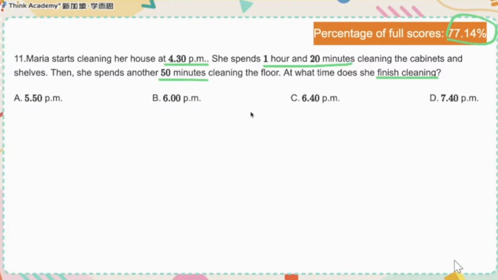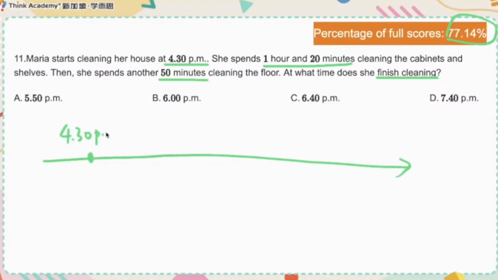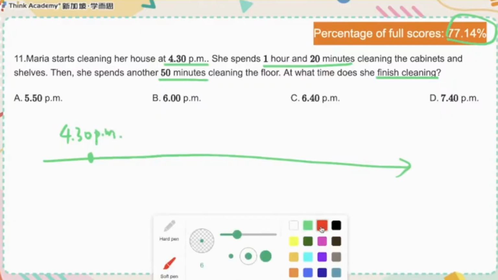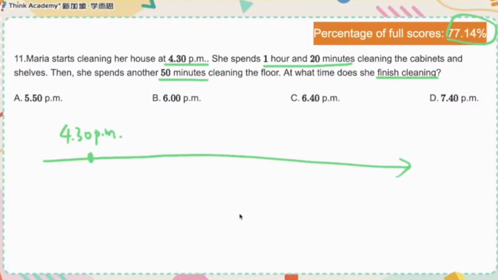Okay, so this time we can see here we got a time problem. Okay, so we start to draw a timeline here. We can see we start at 4:30 p.m. And then we spent 1 hour and 20 minutes to clean the cabinets and the shelves. Okay, so we know in total, after 1 hour and 20 minutes, what time is it?